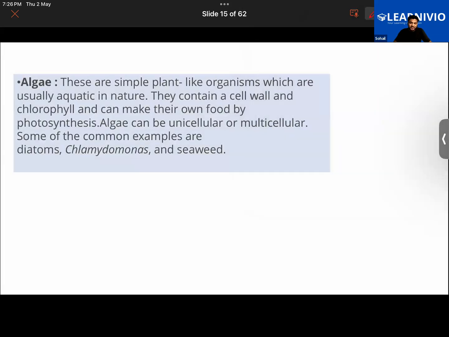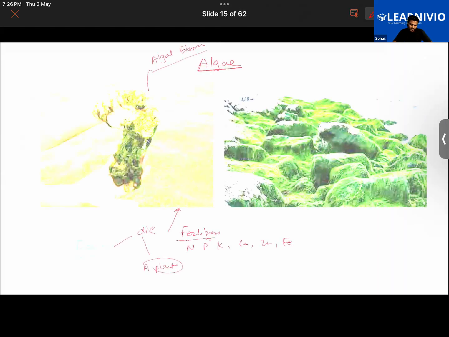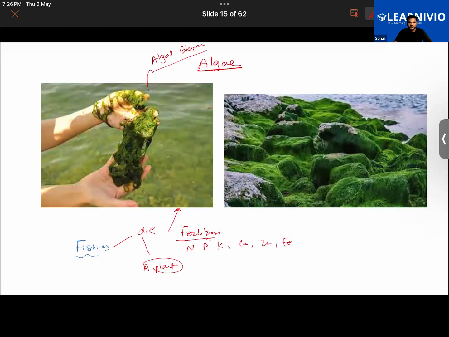Then you have another class of microorganisms called algae. I think I would be keeping this topic for the next class. As of today, let's discuss whatever we have discussed in the class so far. You all must have seen this kind of slimy and sticky substance.